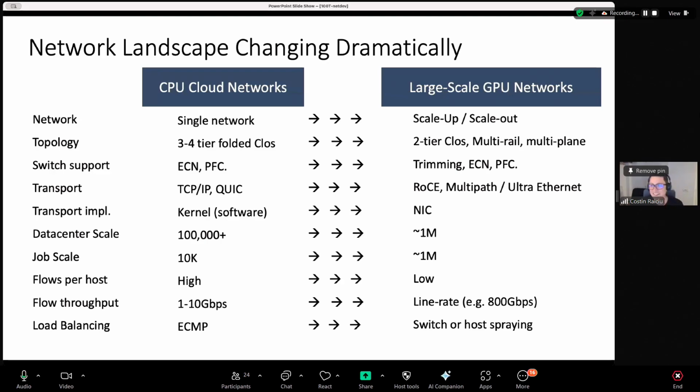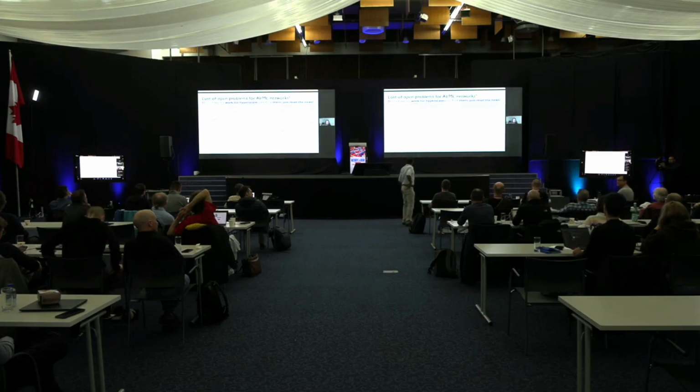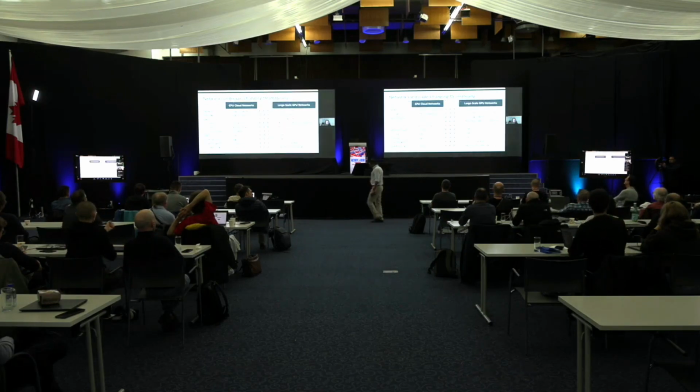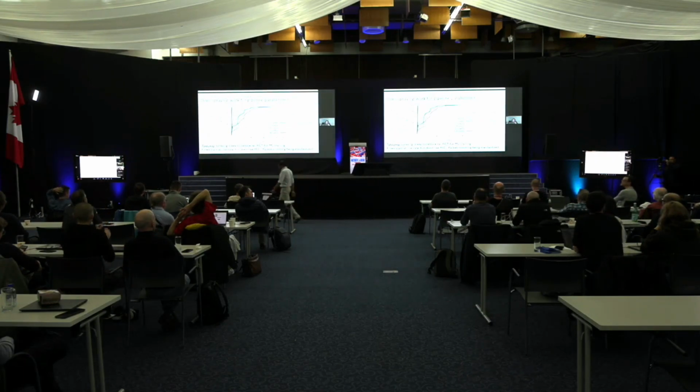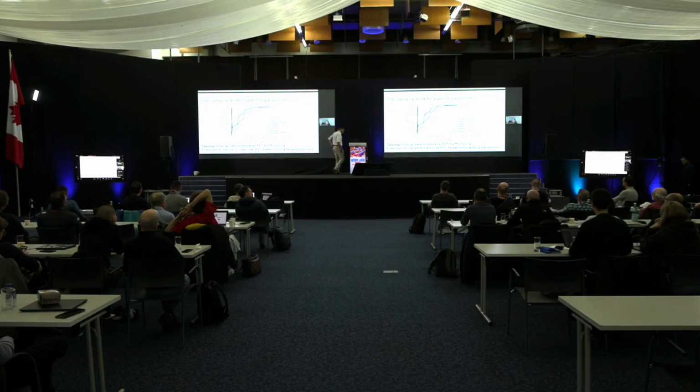Here's a question too. I actually have two questions. The first one is to the previous slide, where you're showing the scaling depending on the number of paths. So in this simulation, did you assume any congestion on those paths, or just scaling them up, like having more of them?